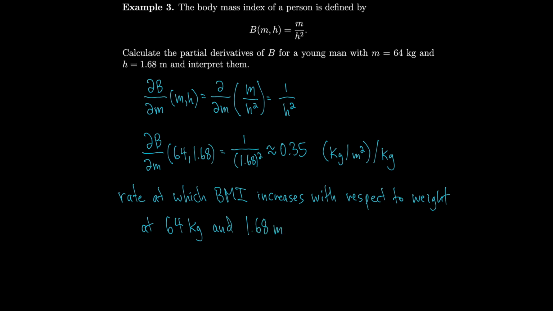And when we say with respect to weight, we mean that the height is constant. So that means that if this person stays 1.68 meters tall and then goes up in weight by a certain amount, then we would expect that the body mass index will change by this amount. And if it goes down, then it would decrease by this amount, assuming that the height is constant.